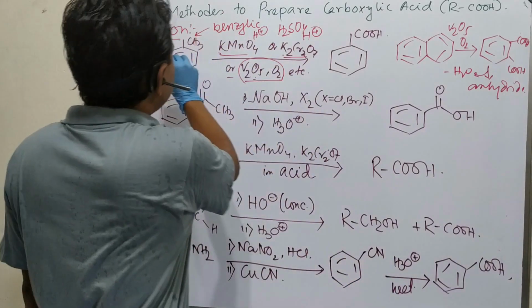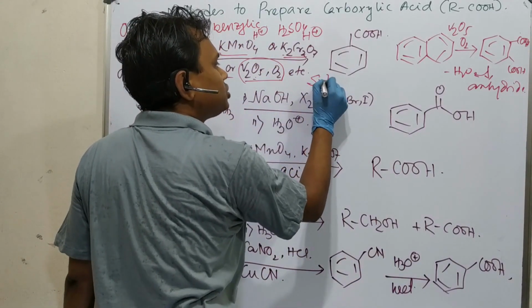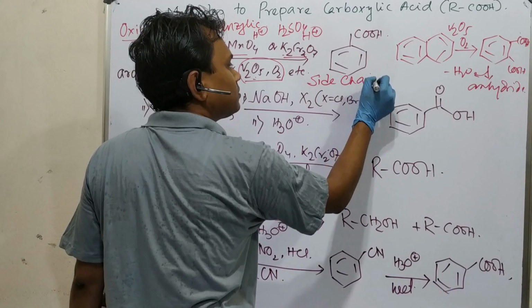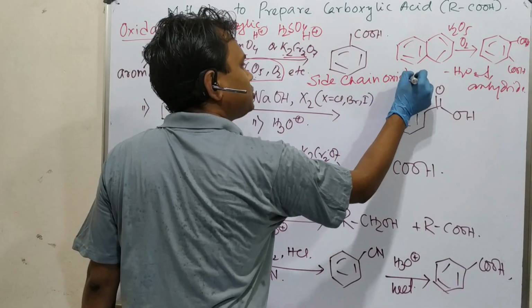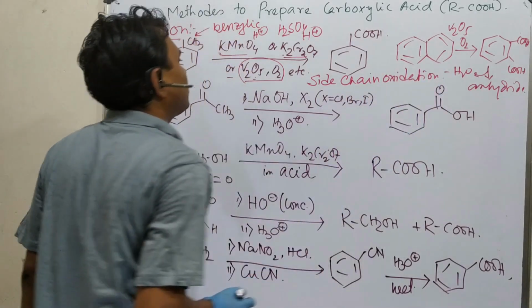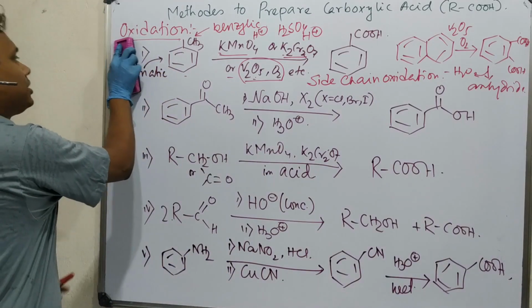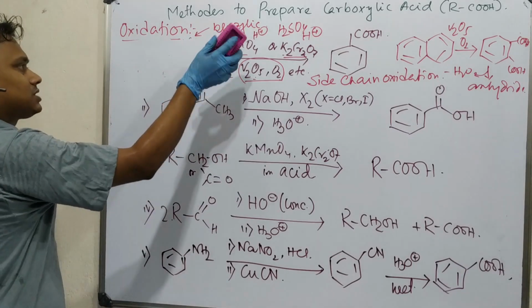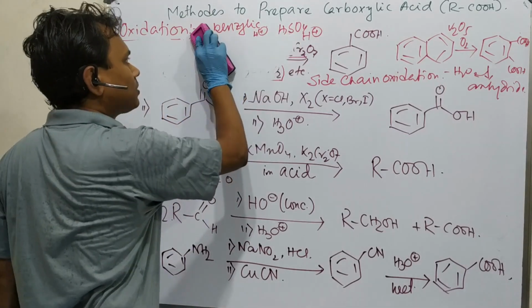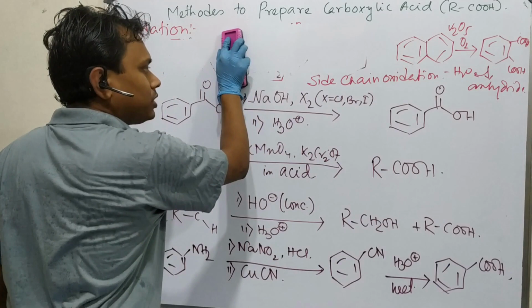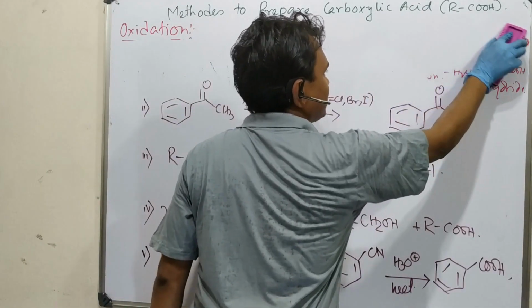So this is actually called side chain oxidation. Any aromatic hydrocarbon having such a side chain could easily be oxidized to the corresponding aromatic carboxylic acid.